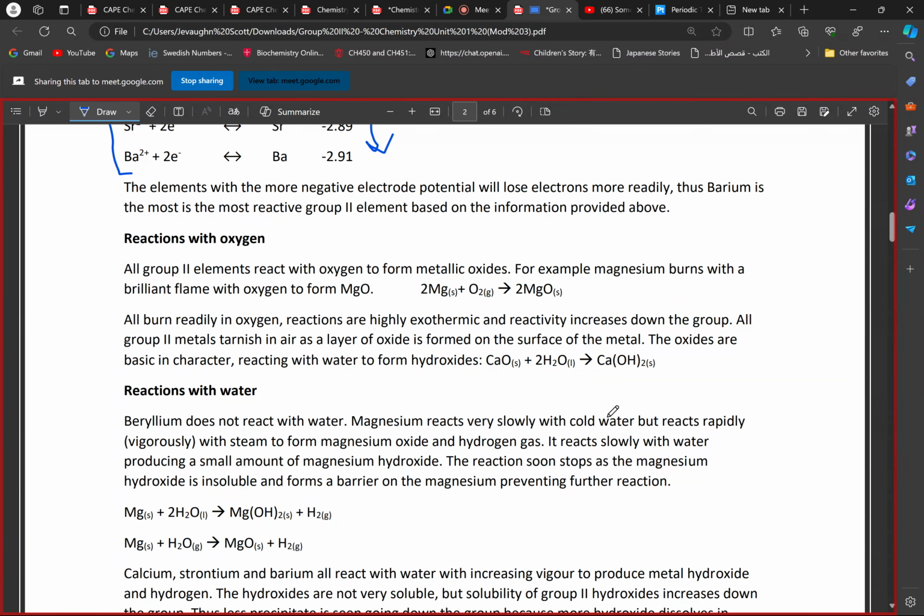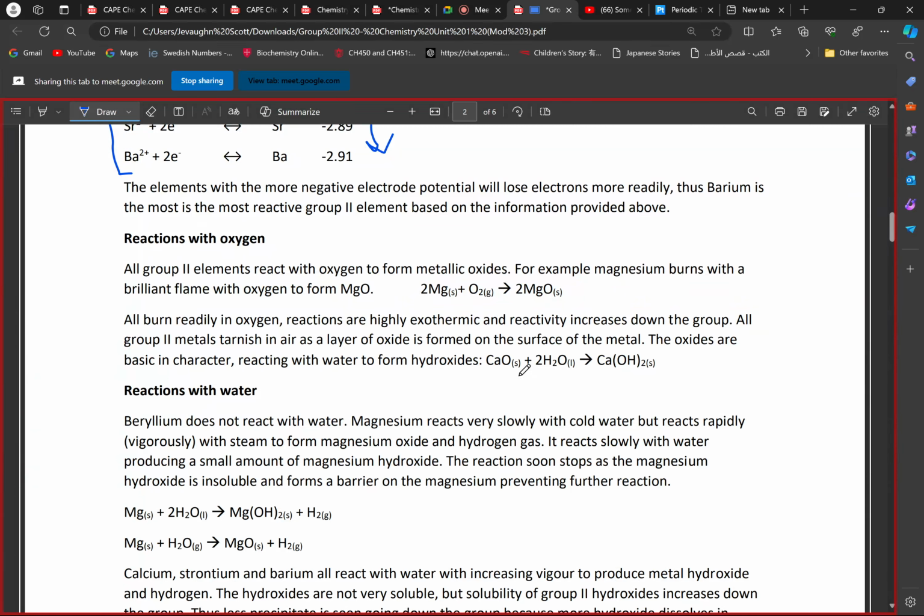The oxides are basic in character, so upon reacting these oxides with water they will form hydroxides. Calcium oxide will form lime water, because calcium hydroxide is lime. That's why it's called lime, as in limestone, calcite, and those types of minerals we find.